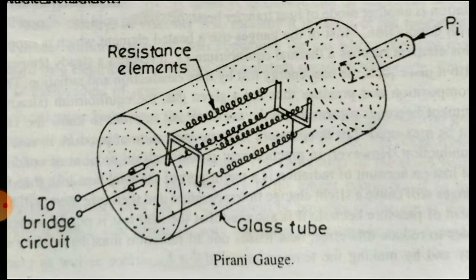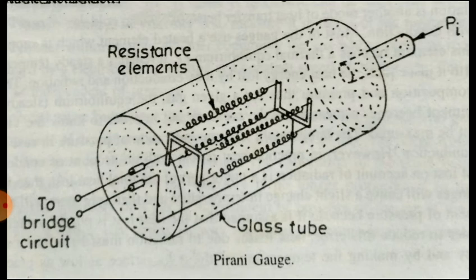The resistance element is in the form of four coiled wires of tungsten or platinum connected in parallel and supported inside a glass tube, to which the gas whose pressure is to be measured is admitted. You can see there are the resistance elements enclosed in a glass tube, and these resistance elements are connected to the bridge circuit, and the pressure is admitted from the other side.